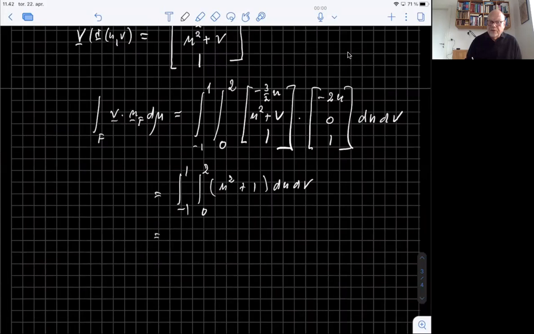And when you take the antiderivative of 3u squared, you get u cubed plus u, and this should be taken between the limits 0 and 2, and then you integrate from -1 to 1.